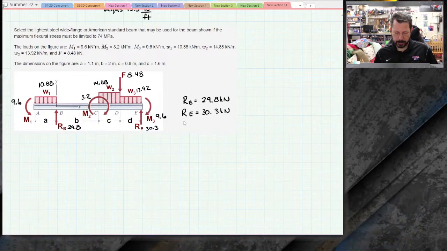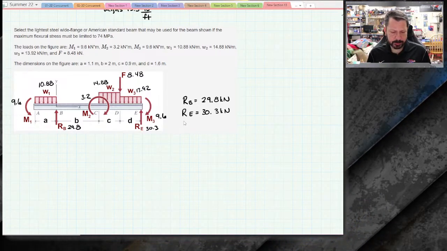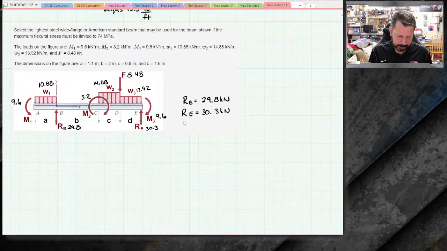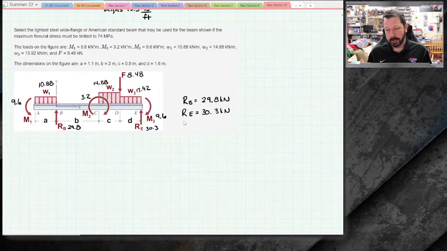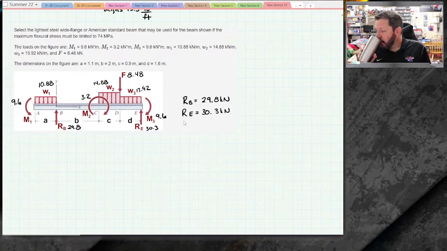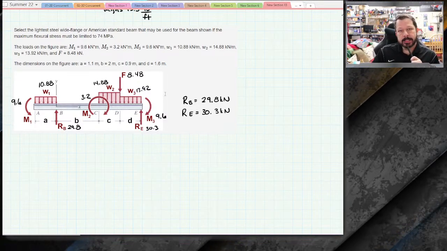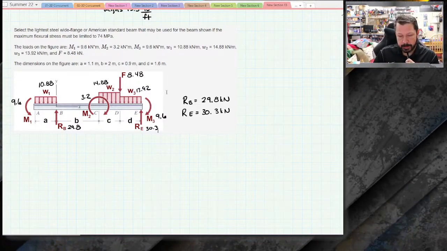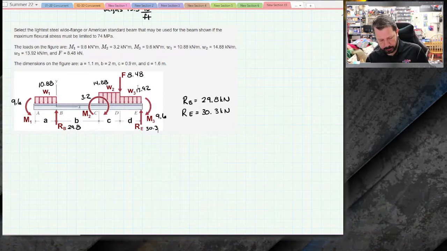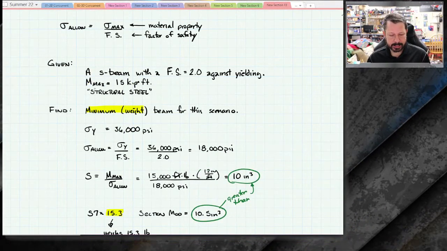All right, so we would have to go and lump all these distributed loads, do a moment about B or something, and find the reactions. We're going to skip all that. The beam design problem on the exam is more like what we just did, up here, where you're given that.